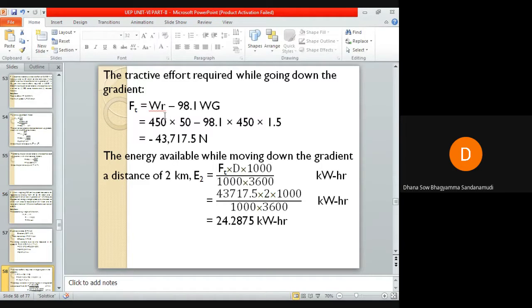Here R is the tractive resistance and G is the gradient, and W is the dead weight. So we just substitute the values: 450 into R, which is 50, minus 98.1 into dead weight 450 into the gradient 1.5.